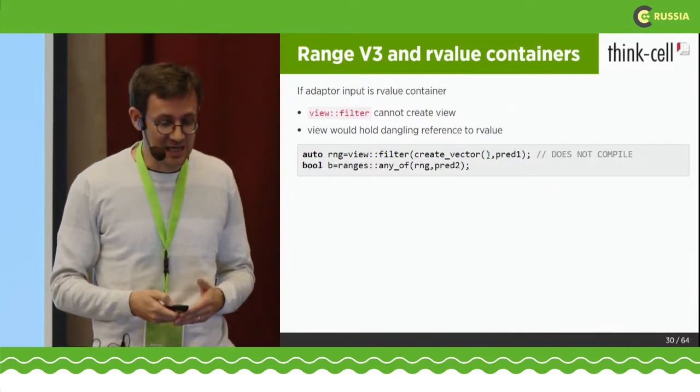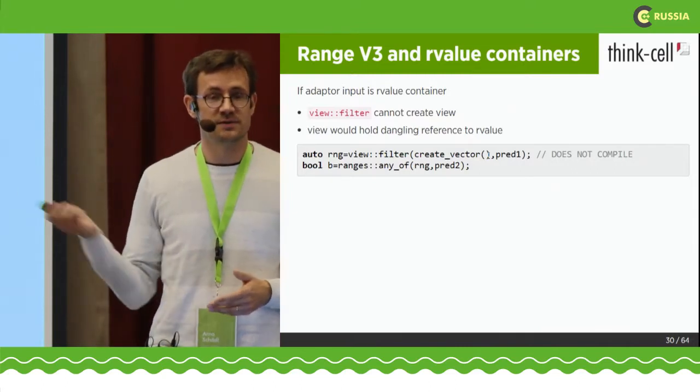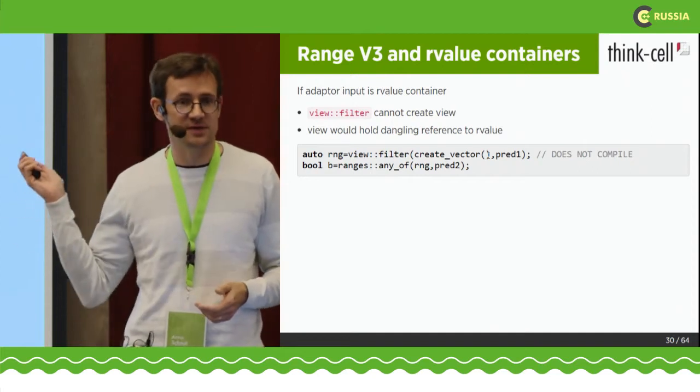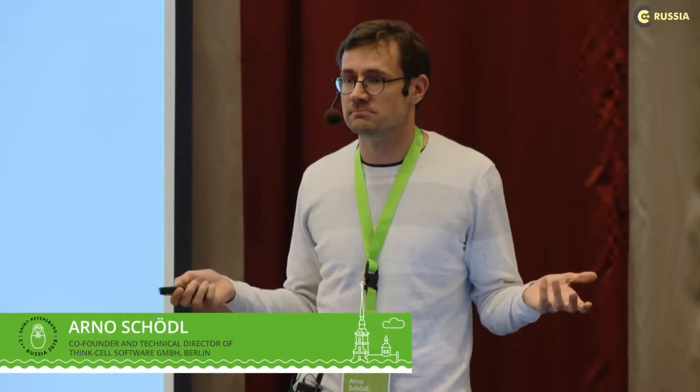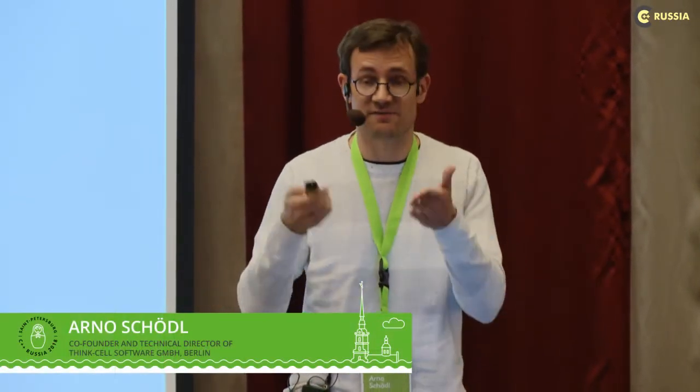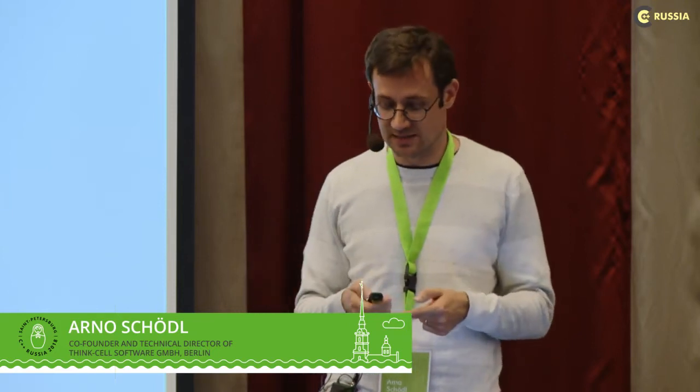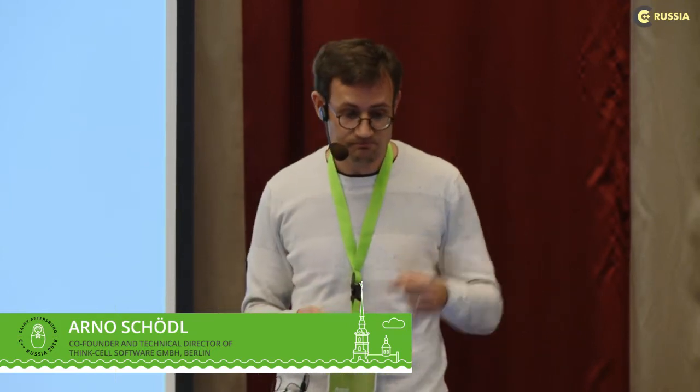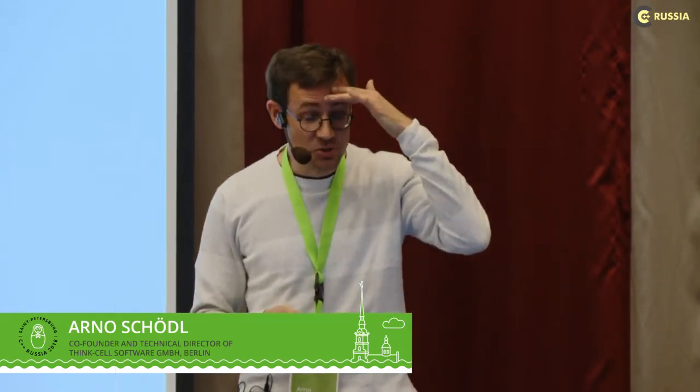Except that if you're now doing what we did before, we store a reference to that vector that we passed to the filter, and that reference is going to dangle, because the vector being created in create vector is going to go out of scope. So what do we do? Well, range v3 says just don't compile. Disallow that because it's dangerous.